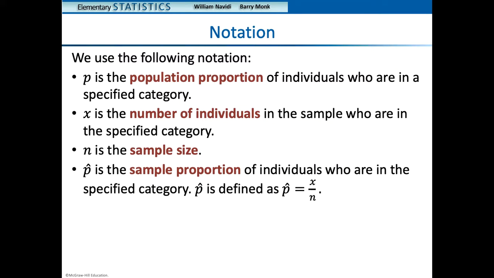So this is review, right? This is the notation that we use for anything involving a proportion. We first introduced this when we looked at the sampling distribution for a proportion, and then we revisited it for the confidence interval for a proportion.